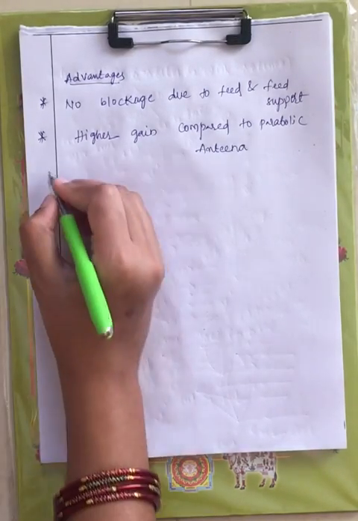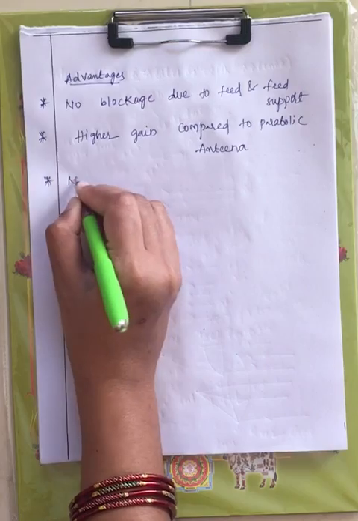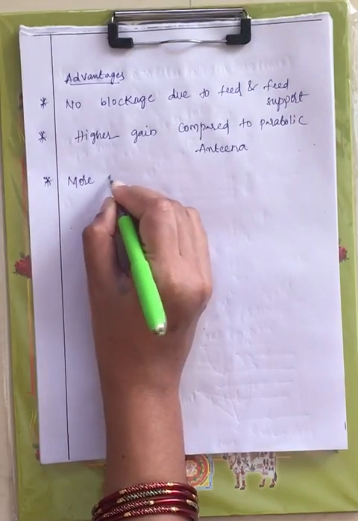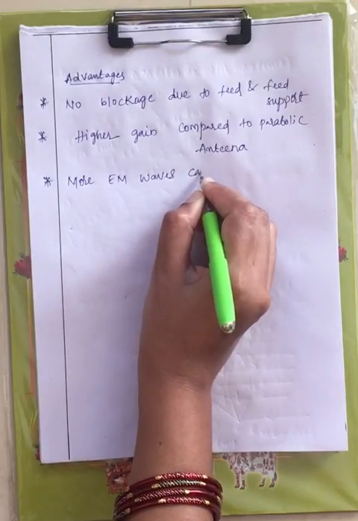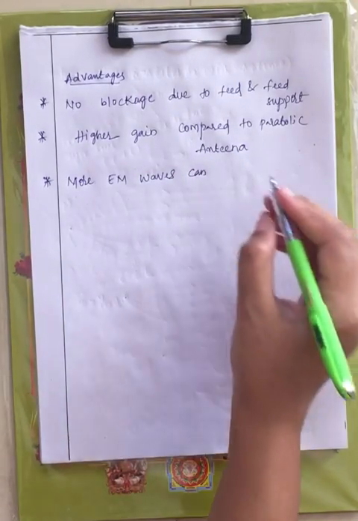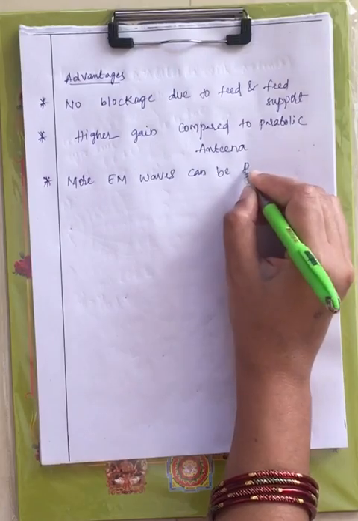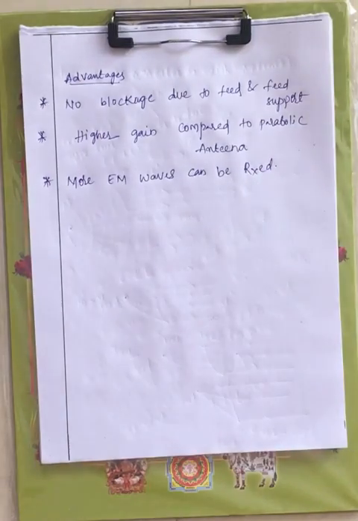Now more EM waves because of no blockage. What happens is more EM waves can be transferred, more EM waves can be received, because there won't be any blockage, right?